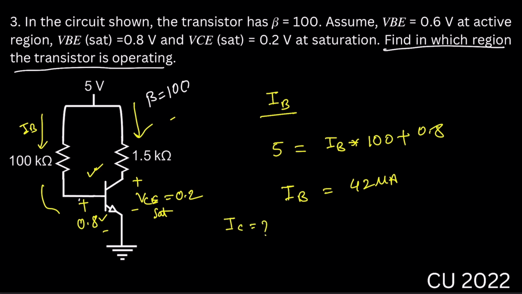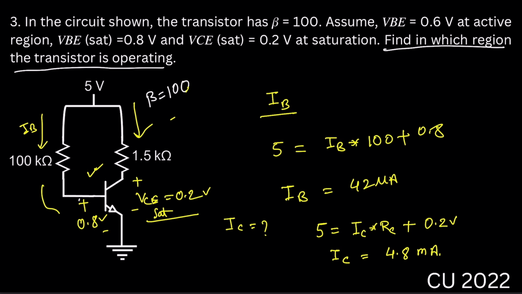We already know here VCE sat is 0.2 volt, right? So if we implement the KVL here, then we get 5 equal to IC into RC plus 0.2 volt. From here we can write IC equal to 4.8 milliampere.